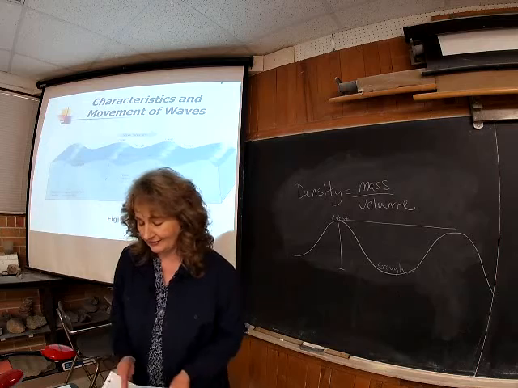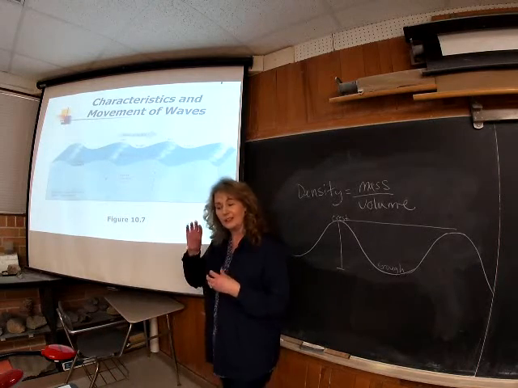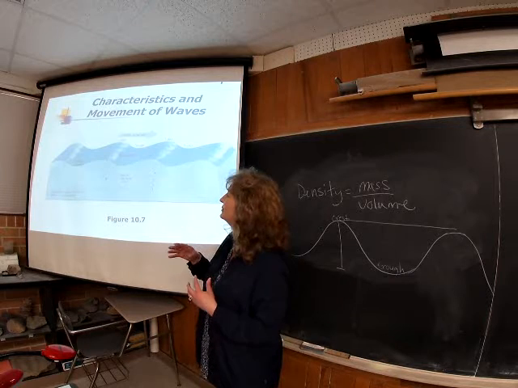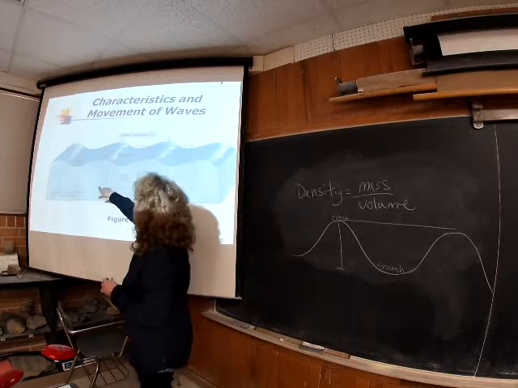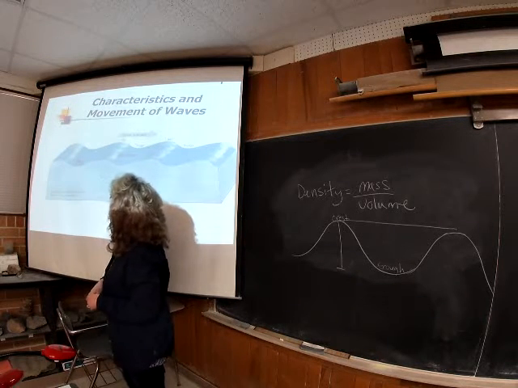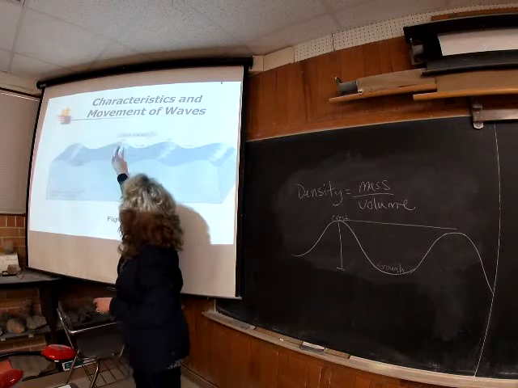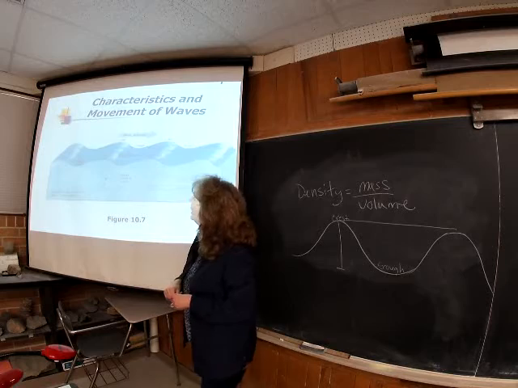Here's our picture, okay? So here we go, and you can see that orbital motion. It does have an orbital motion of the water particles in there. So yeah, we're going from crest to trough, that's a wave height. Crest to crest, that's a wave length, okay, that they're talking about there.